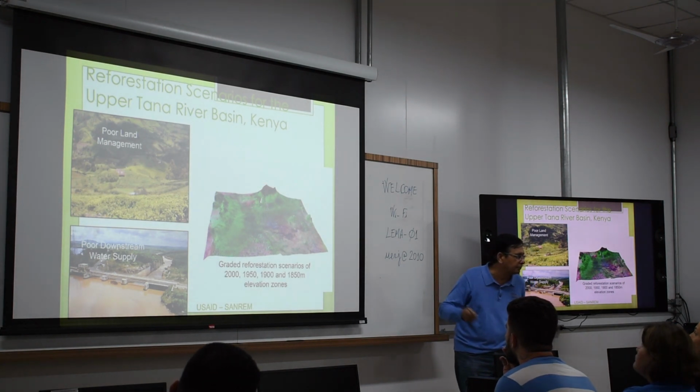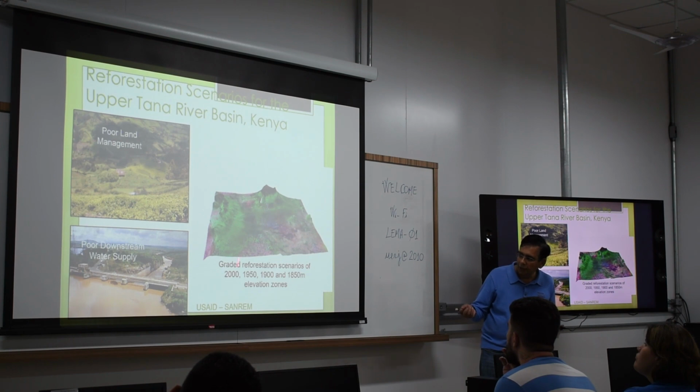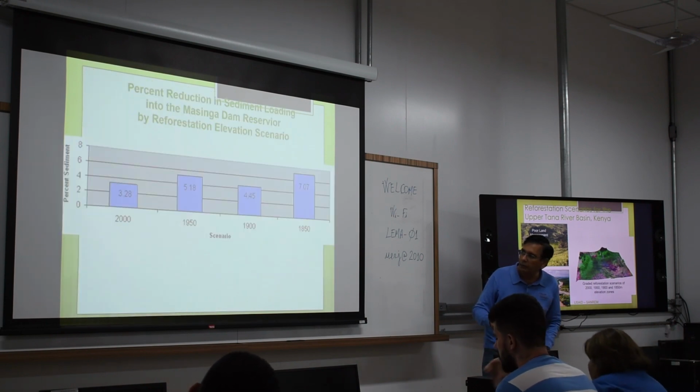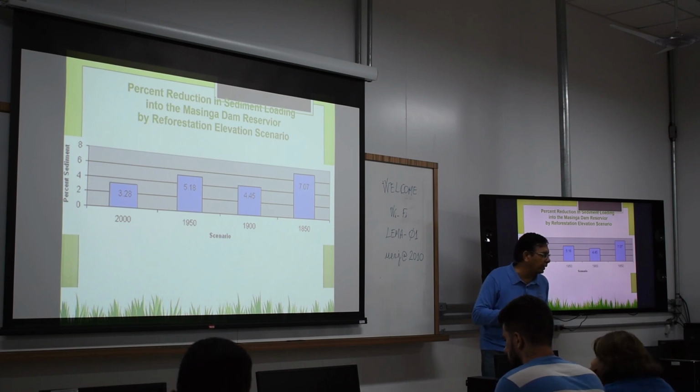tea here. So we ran some simulations by reforesting, removing those trees and putting forest back at about 2,000 meter elevation, 1950, 1900, 1850, and we came up with how you can reduce the amount of erosion going into the lake.